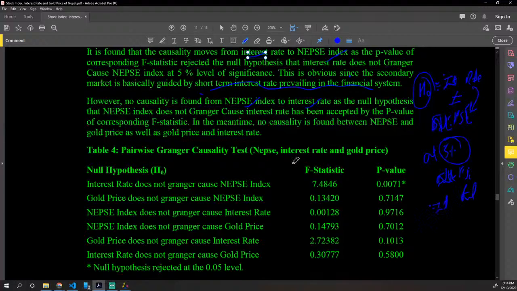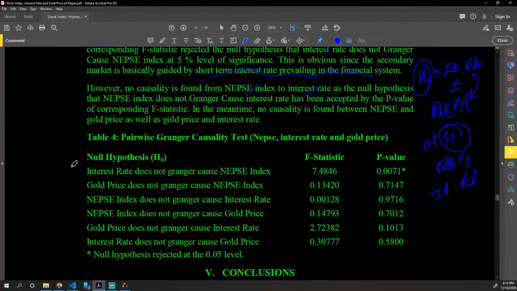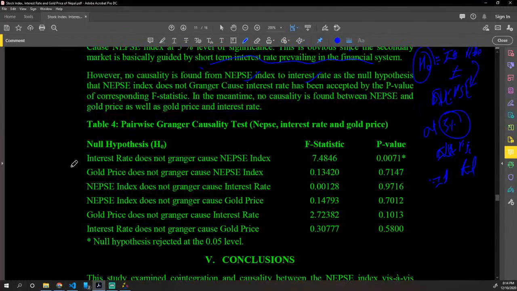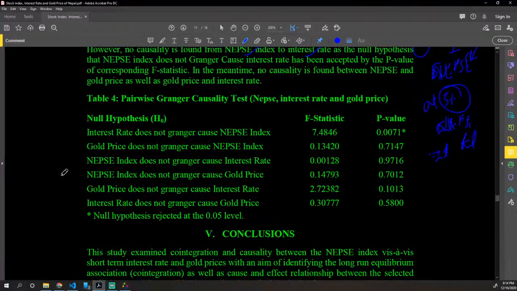The null hypothesis that NEPSE does not Granger cause interest rate has been accepted by the p-value of the corresponding F-statistic. In the meantime, no causality is found between NEPSE and gold prices, as well as gold prices and interest rate.